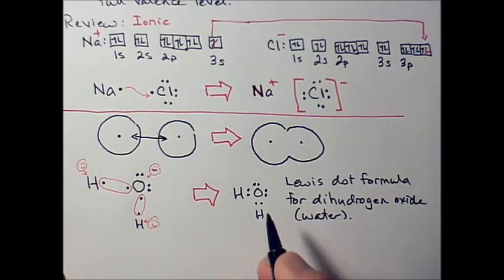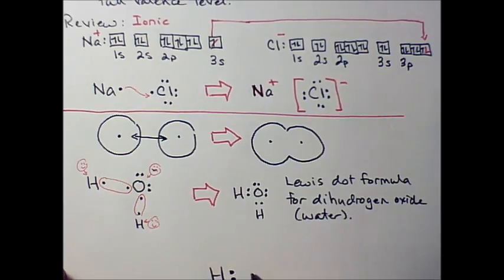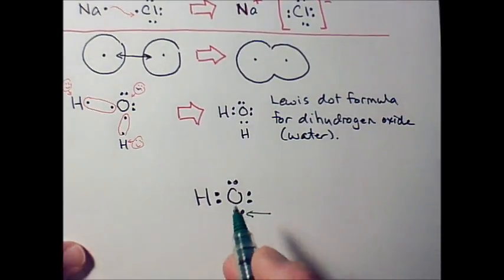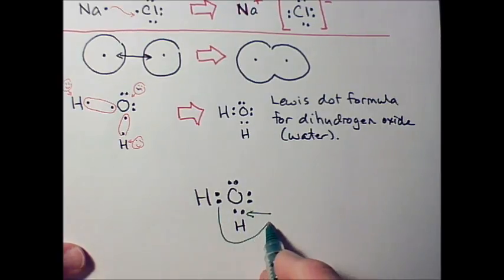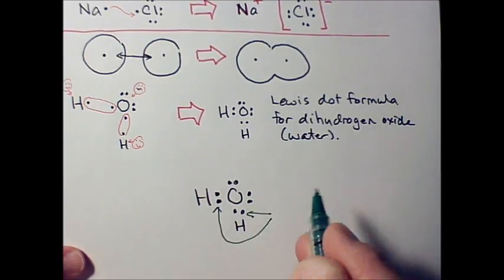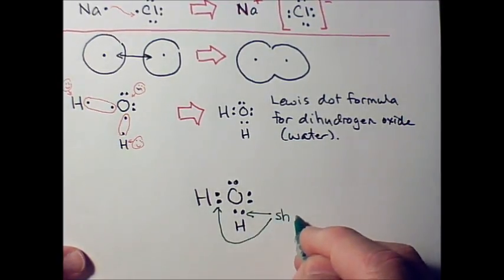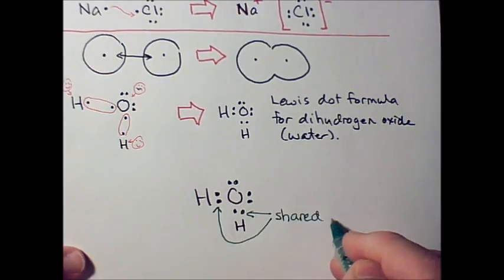Now, just so that we're clear on some terminology here, I'm going to draw a bigger version of this. These electrons here and these electrons here, they're called shared pairs.